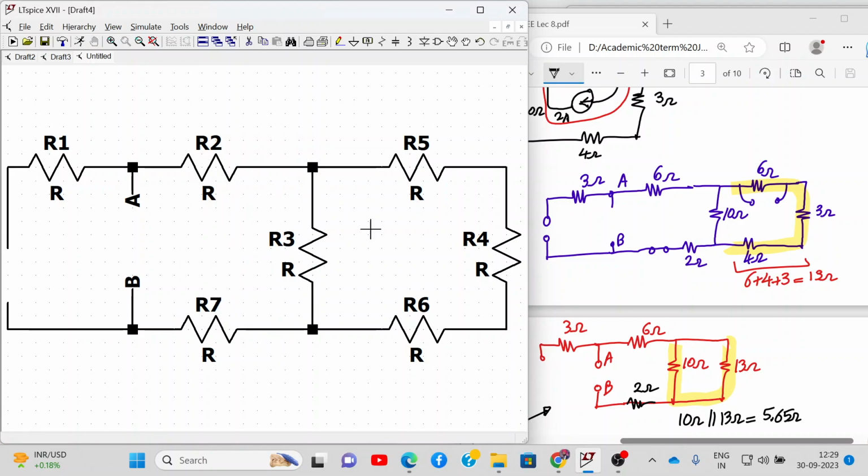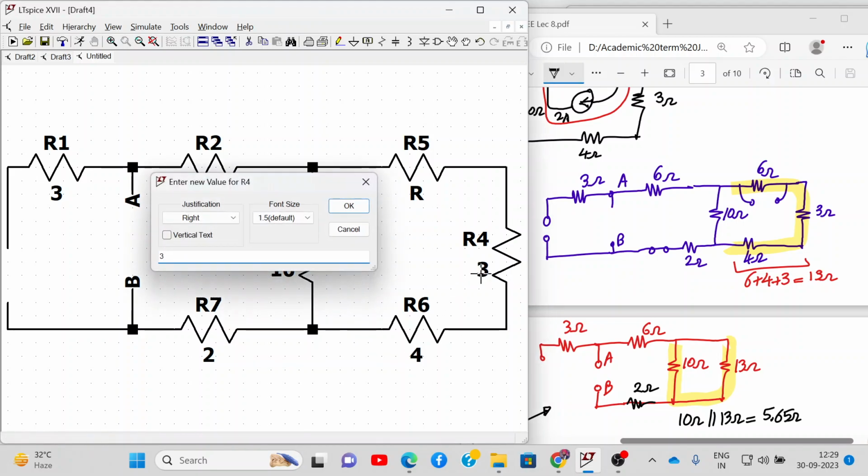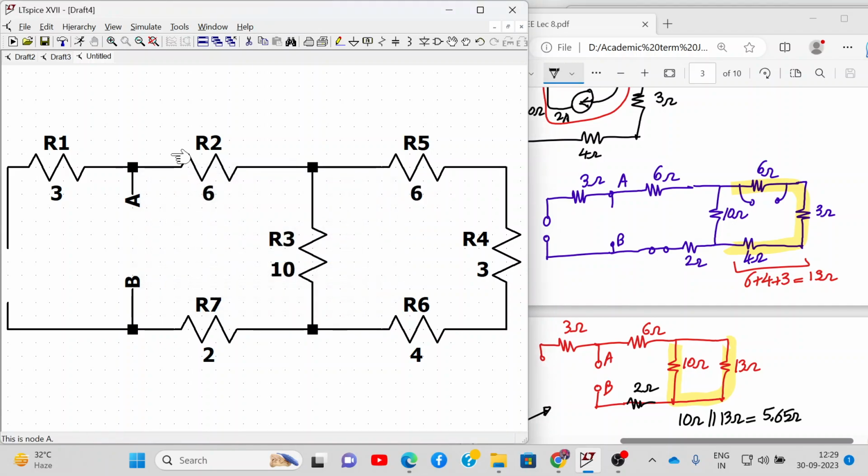So basically there is no ohm meter to measure the resistance in LTspice. So first let me write the values over here. This is 6. This will be 3 ohms. This will be 10 ohms. This is 2. This will be 4. This will be 3 ohms. 6 ohm resistance. All right.